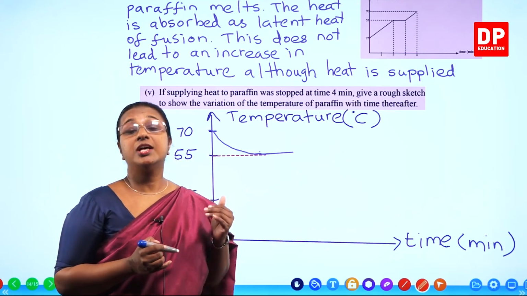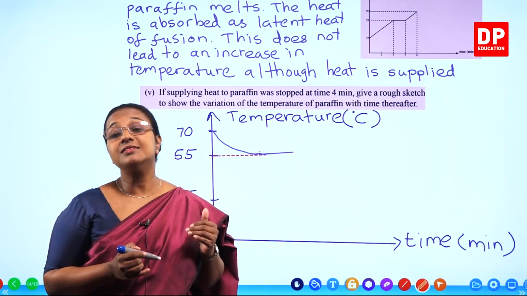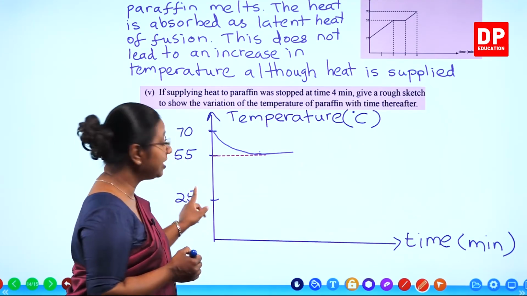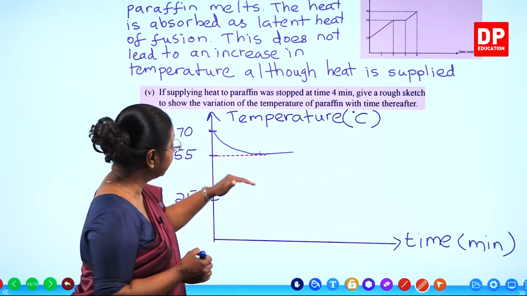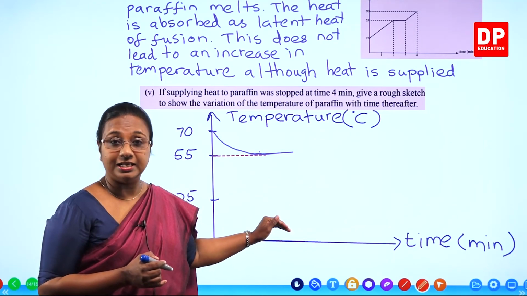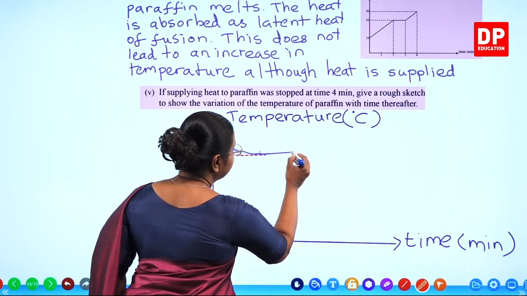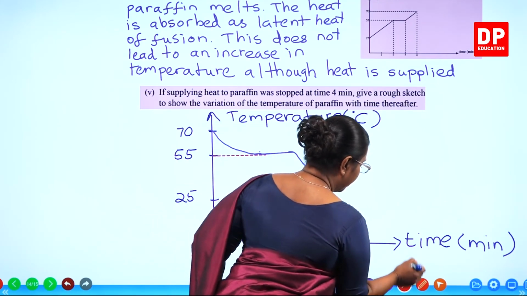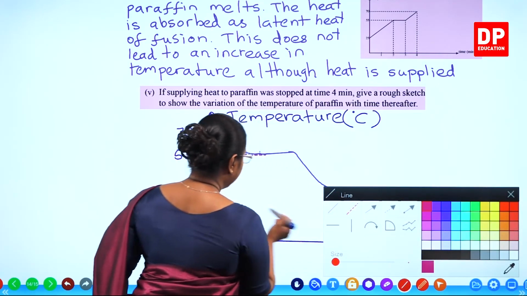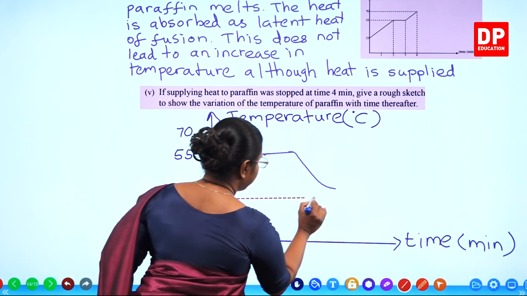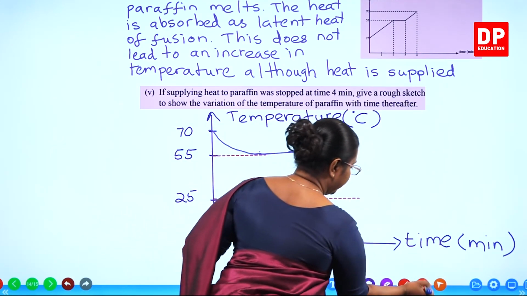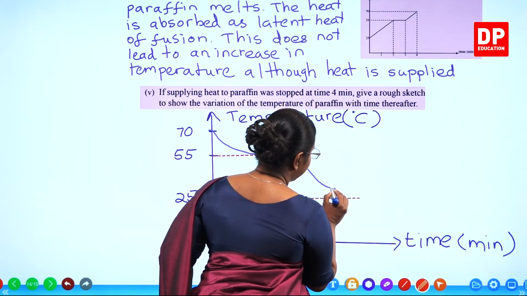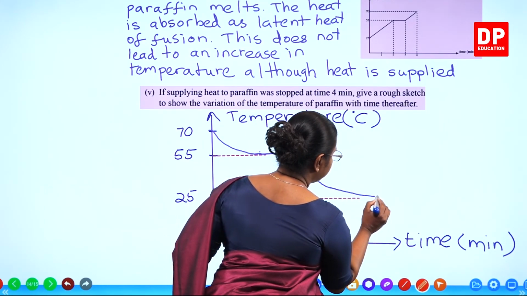Still it will lose heat until thermal equilibrium is reached. So that is until the wax reaches the room temperature. Until then, there is a difference in heat. So there again, the wax will start losing heat, and that also until it reaches the temperature 25 degrees Celsius.